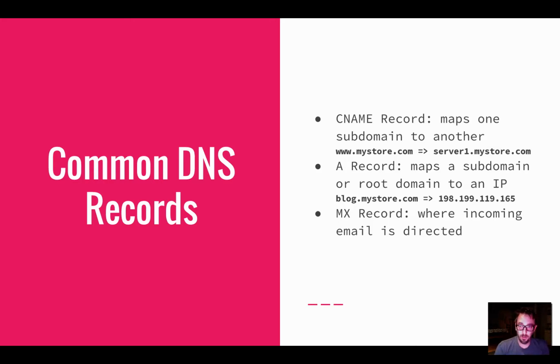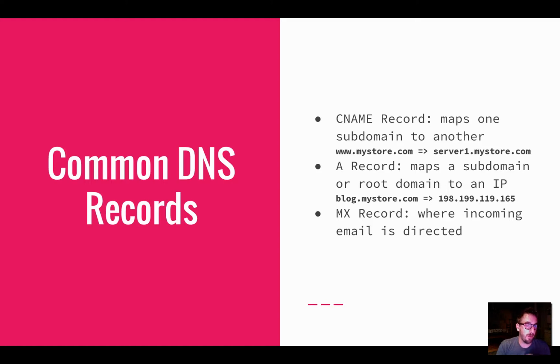So for example, you have a blog for your store, as you can see here on the slide. Maybe that maps directly to a server with an IP address, and that address is right there. So that's the difference between a CNAME and an A record. The main difference being one maps to another subdomain or host name, and an A record maps to an IP address.